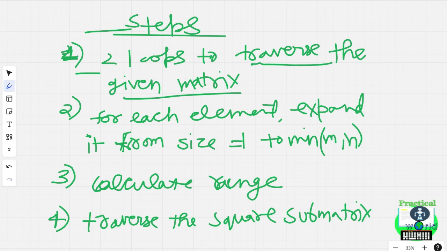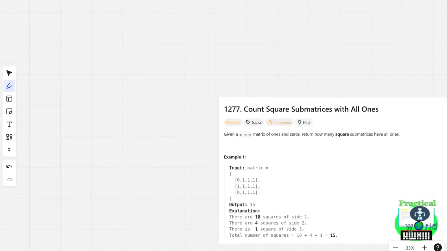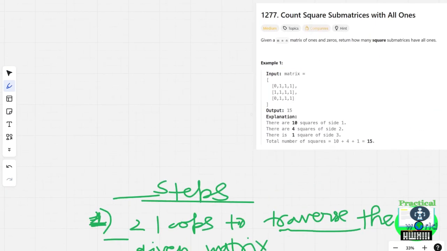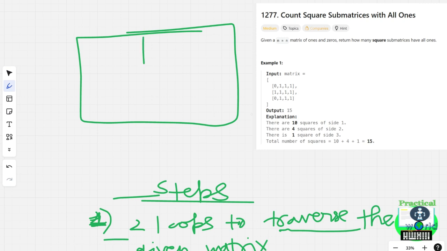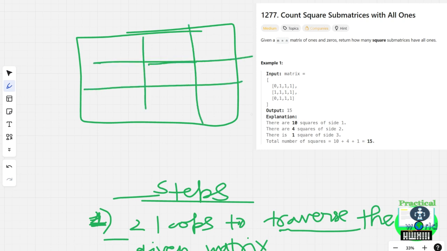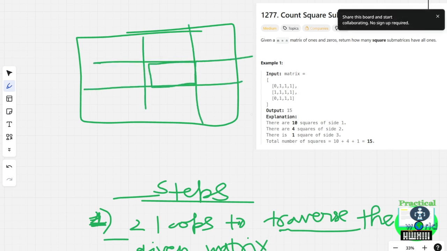After this, for each element we have to expand it from size 1 to the minimum of m comma n, because we are going to each and every element.